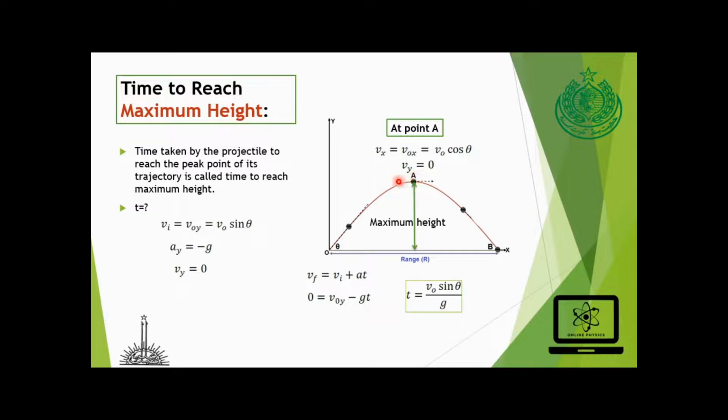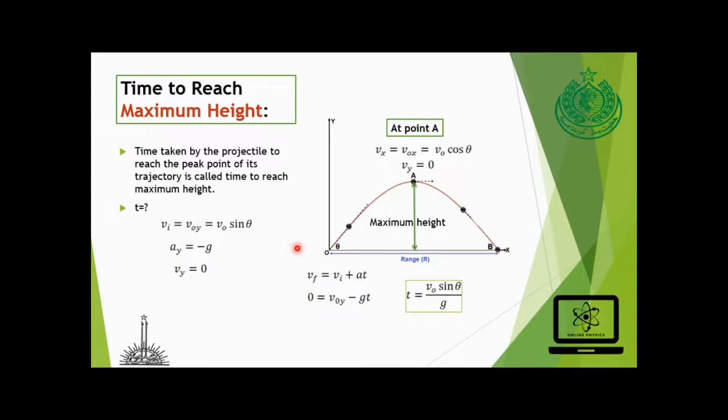At maximum height, the vertical component of the velocity is 0, but there is still a horizontal component of the velocity. So students, keep in mind, in projectile motion at maximum height, velocity is not 0. The vertical component of the velocity is 0, but there is still a horizontal component. But in motion in one dimension, at maximum height the velocity is 0.